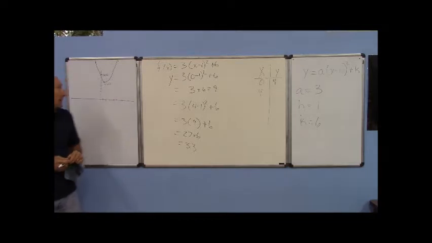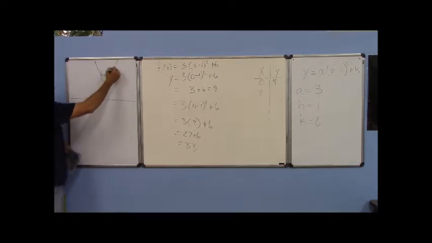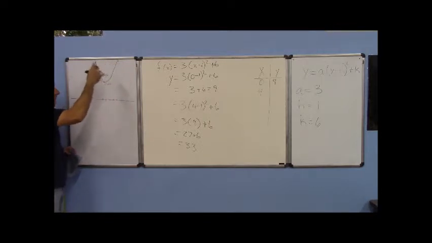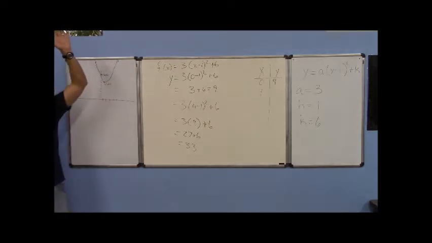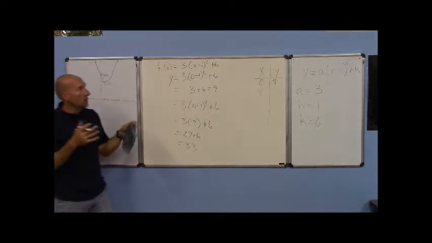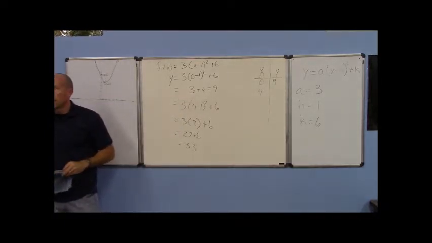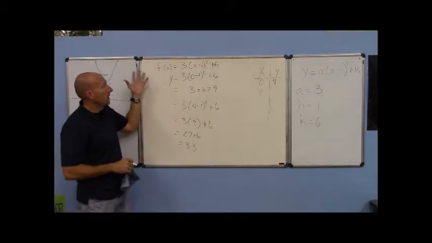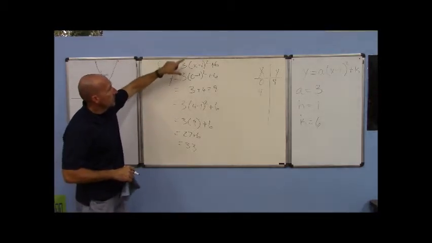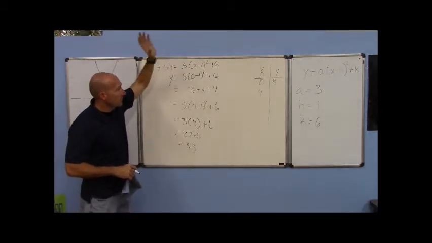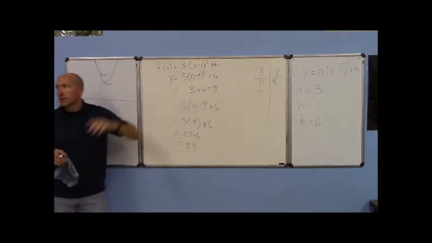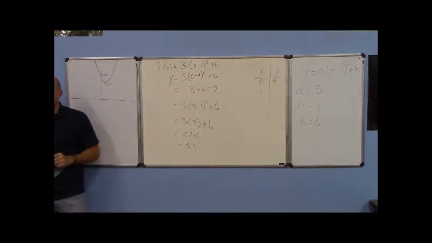And if any point happens to fall on 5 and 109, you can plug those values in and this statement will still be true. So basically 109 equals 3 times (5 minus 1) squared plus 6. Make sense?